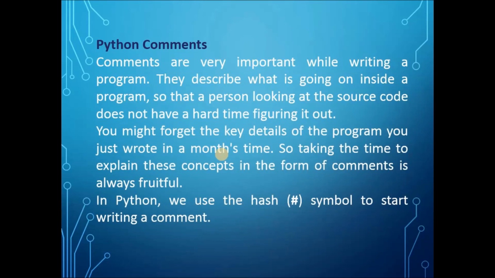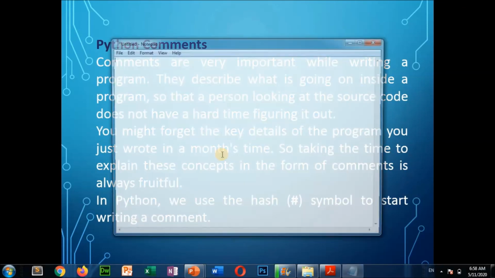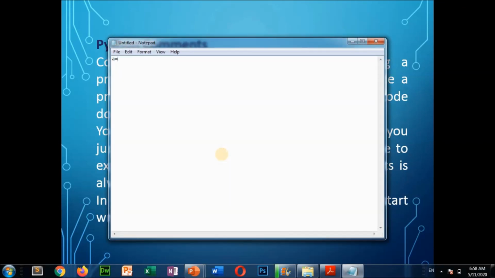Comments: if you are writing a program, again I am going to show you. Suppose here a = 1, that is a statement. If you write a comment above the line, the meaning of this is that this line will not work in your program. So we have to write the comment by giving a hash symbol in front of the line.